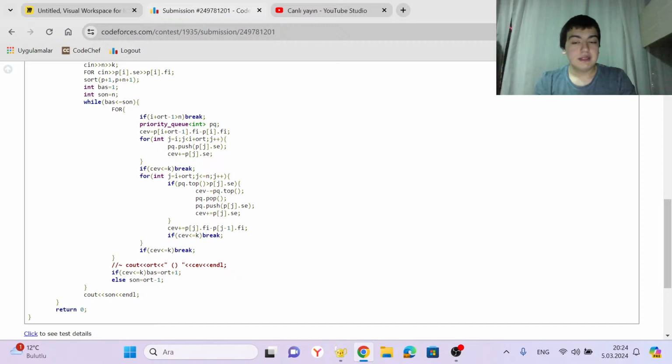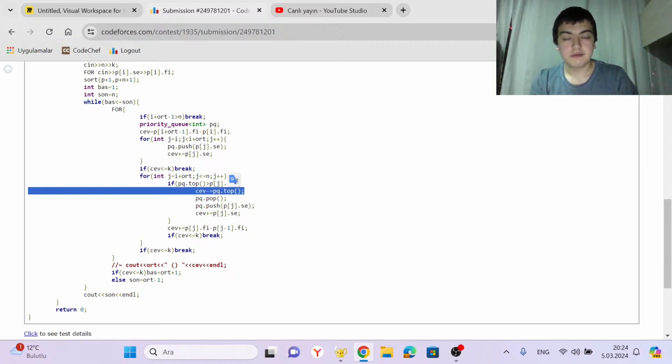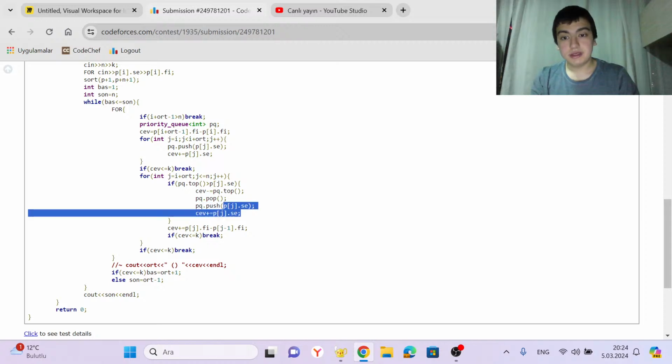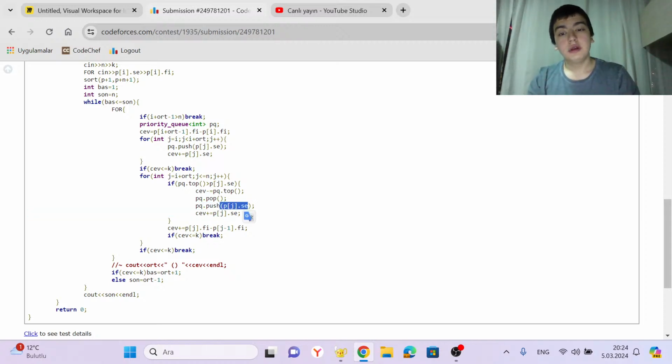What will we say? We should erase it from the priority queue, and I'm also decreasing the answer by the value that comes from the priority queue. I am erasing from the priority queue, and I'm pushing the new element, the current element, to the priority queue. Priority queue dot push p j dot second. I am pushing the new incoming a value to the priority queue, and I am adding this value to the answer.